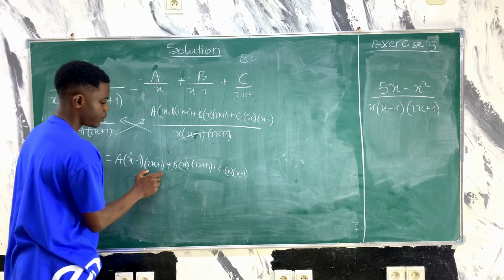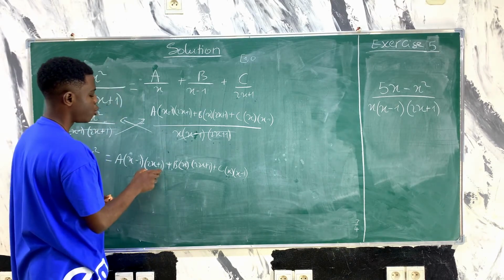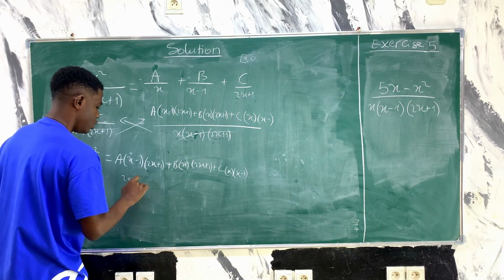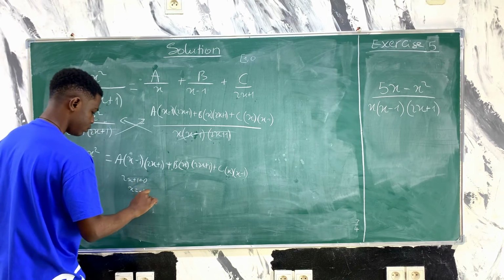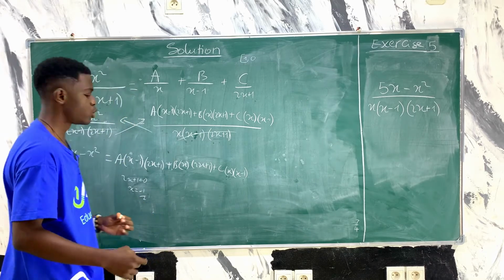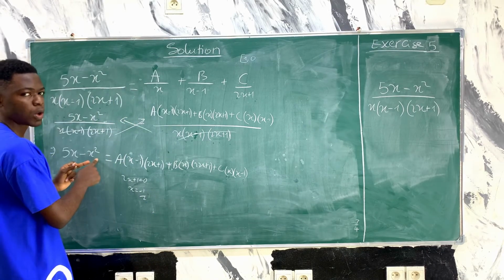We could take this one and look for a value of x that when we put here, we're going to have 0. 2x plus 1 equals 0, x equals minus half. But if you use minus half, here we are going to have, for instance, 1/4.